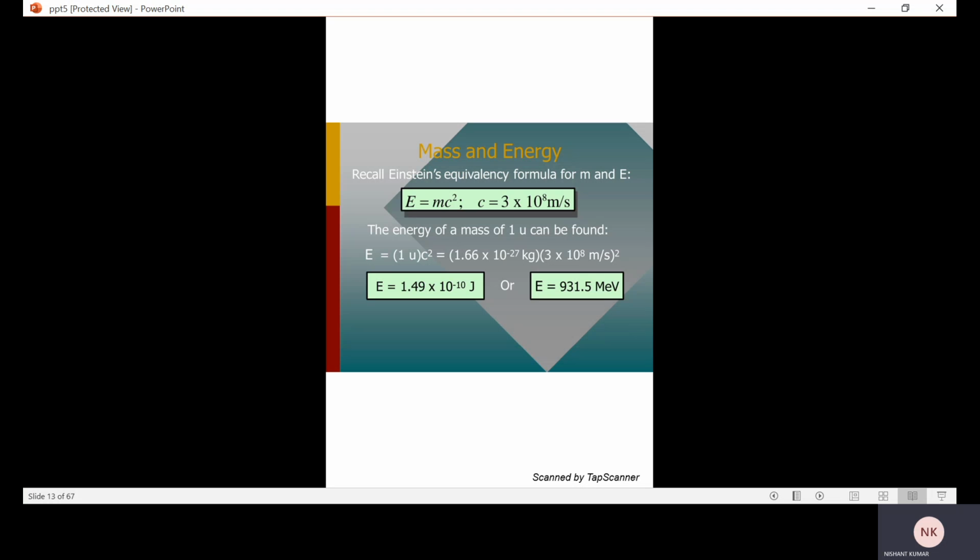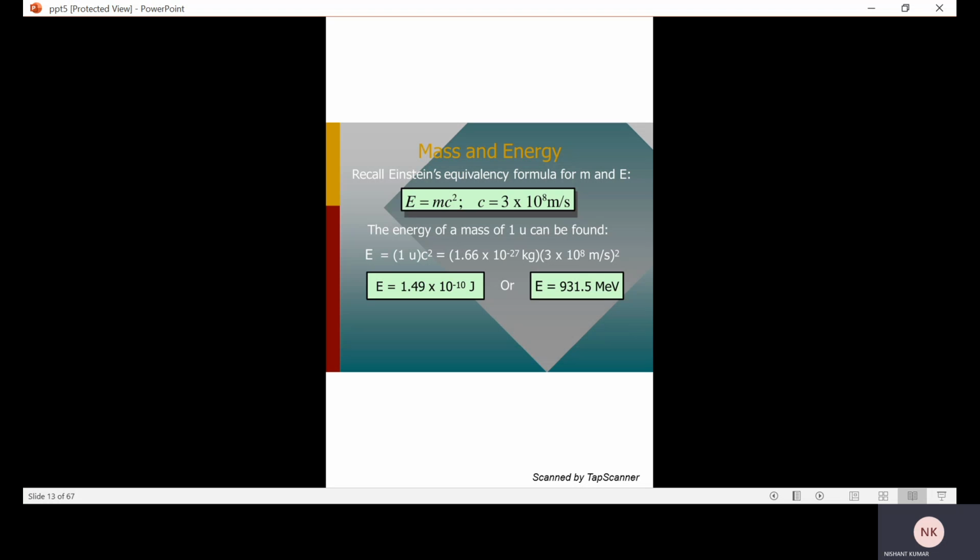Mass and energy. Einstein gave a relationship between mass and energy as E equal to mc squared, where m is the mass of the atom, c is the speed of light, and E is the energy. So the energy of the mass of 1 U can be found as 1 U into c squared. 1 U is equal to 1.66 into 10 to the power minus 27 kg, and c is 3 into 10 to the power 8.